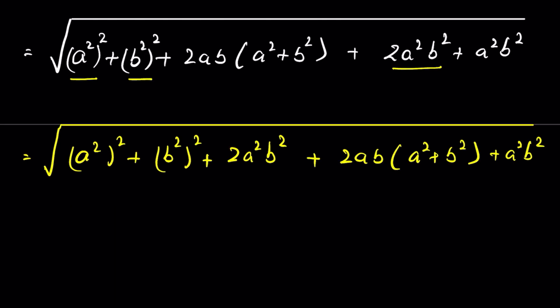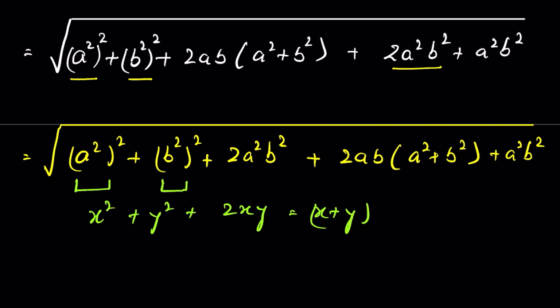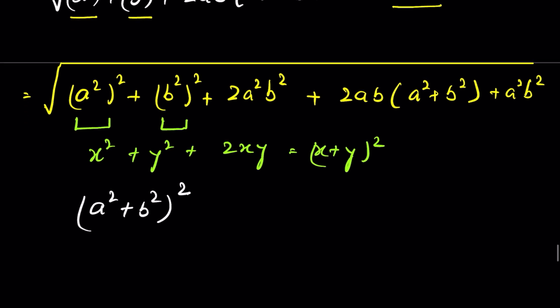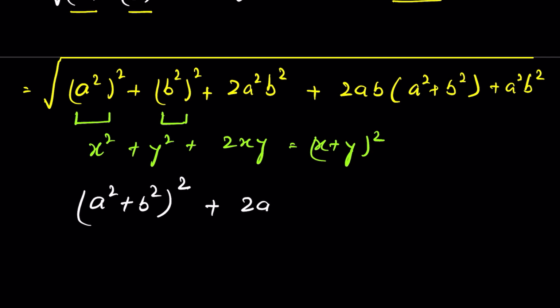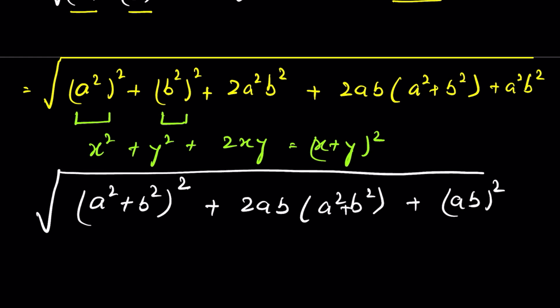Now if you consider a² as one term and b² as another, then it is in the form of x² + y² + 2xy, and this is equal to (x + y)². So we can write it as (a² + b²)² + 2ab(a² + b²) + (ab)², under square root.